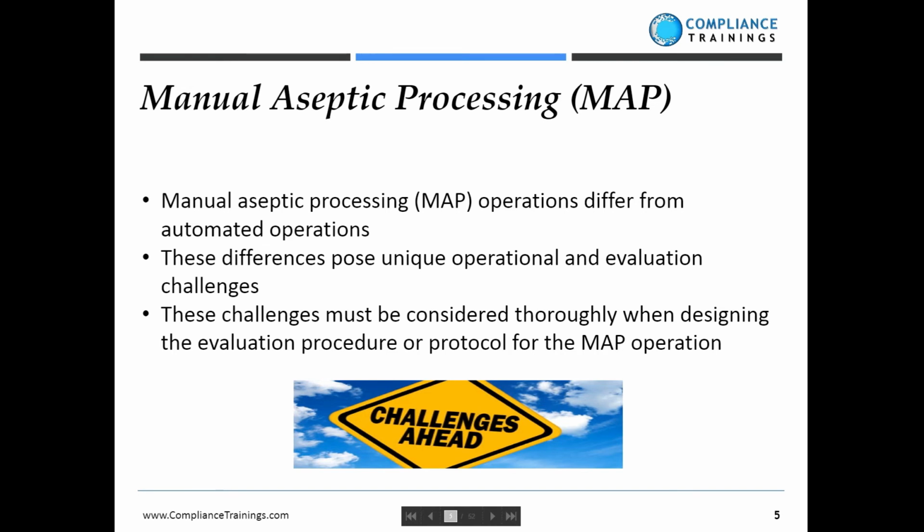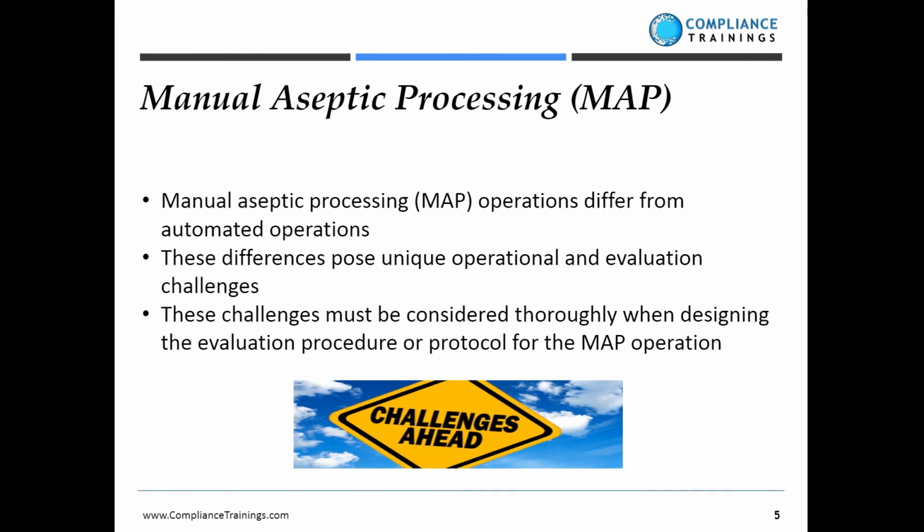Manual aseptic processing, or MAP or AP, is a lot different than the automated operations that we see, perhaps in a filling line. These often pose some logistical, operational, and evaluation challenges for some firms. And the challenges really have to be considered thoroughly when you are designing your procedures or your protocol for your aseptic processing operation.